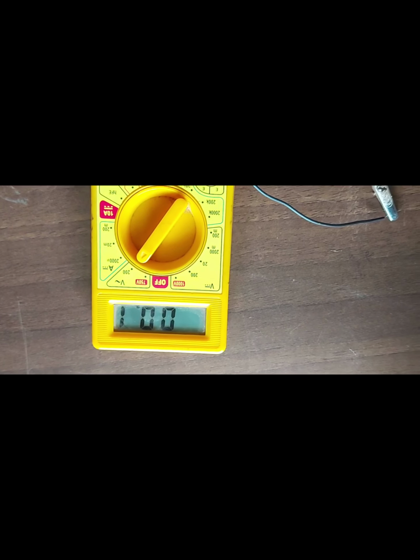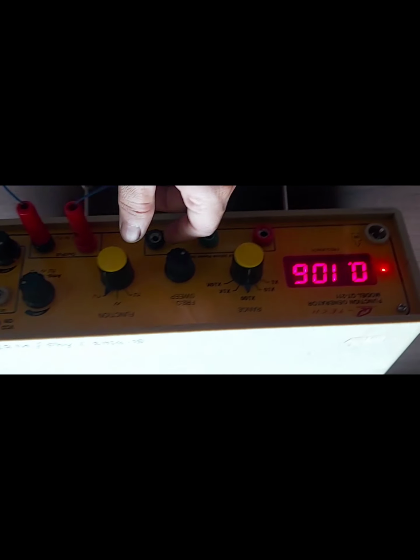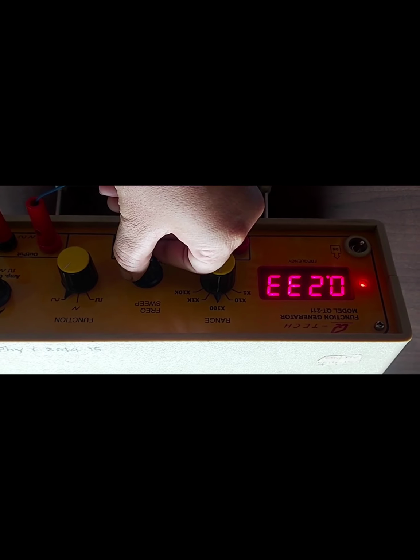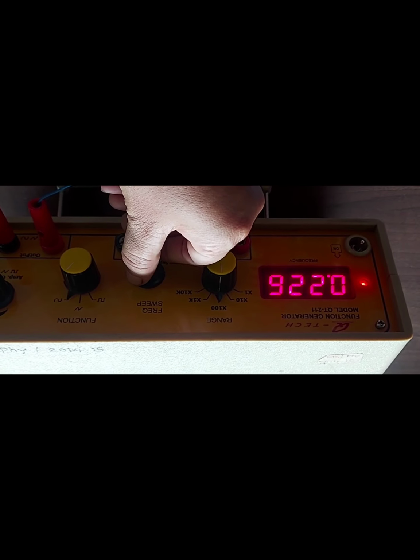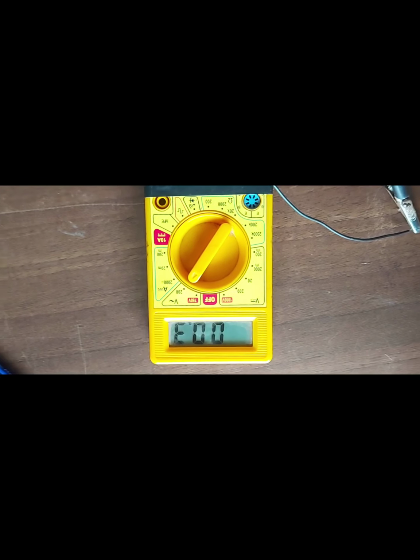Okay, so let us perform this experiment by setting the frequency, and we have to measure the output voltage. First is for 100 Hertz. For 100 Hertz, we note down the voltage. It is 0.1 volt. Then let us go for 200. For 200 it is 0.2 volt.